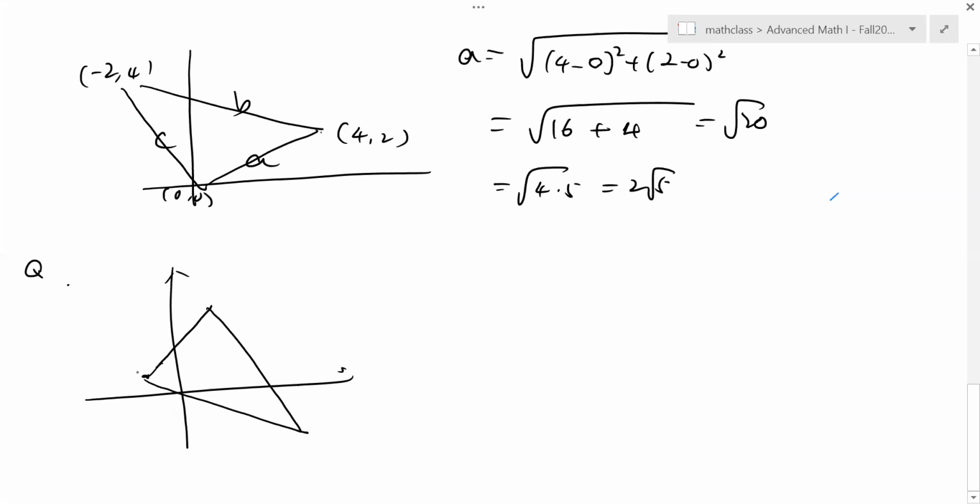The first coordinate is (-2, 1). The second coordinate is (1, 3), and here is (4, -2). Find the area. Okay, please work on this problem.